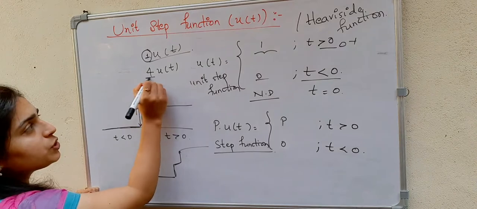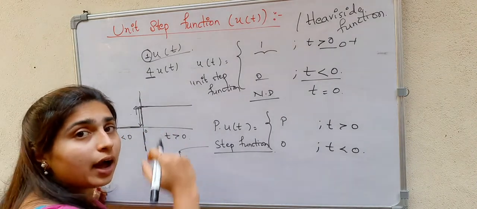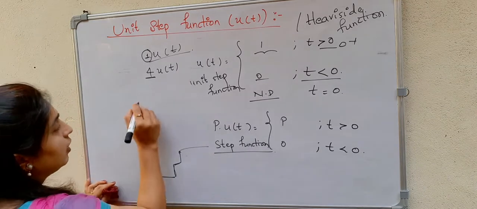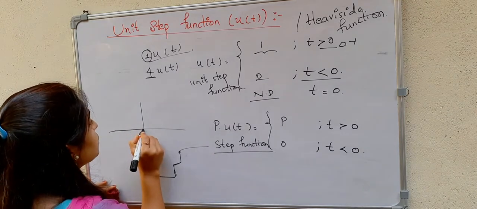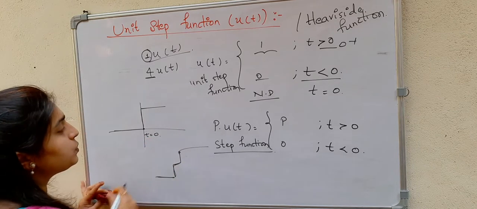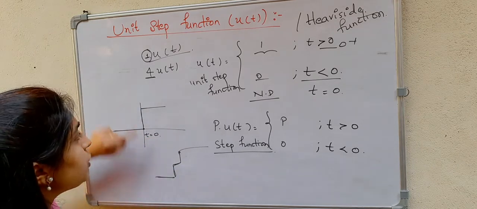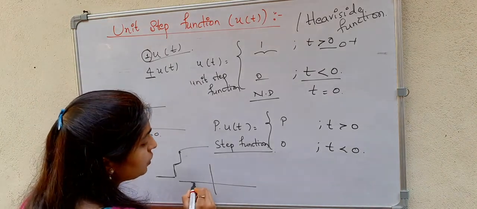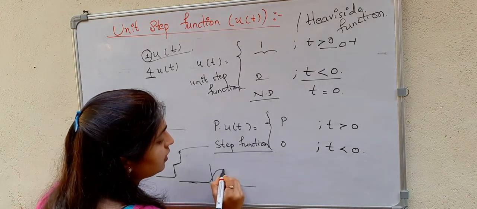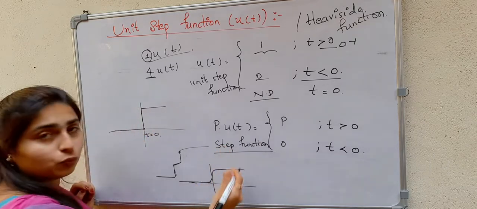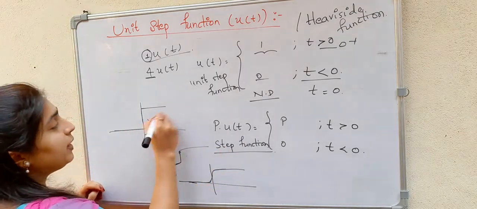So the coefficient tells us about the height of the step. Here I am switching on at t equal to 0, so there is an abrupt change in the value. Practically, there will be a smooth transition like this, from 0 to 1, but ideally it will be this.